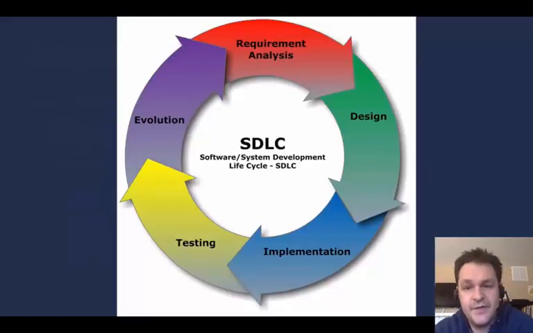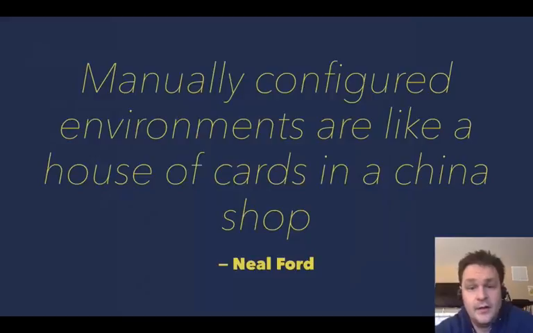And this really fits well with the whole software development lifecycle, where we have a constant loop going through implementation, testing, requirement analysis, and design. The reason we do this is because manually configured environments are like a house of cards in a china shop. They are unbelievably fragile.